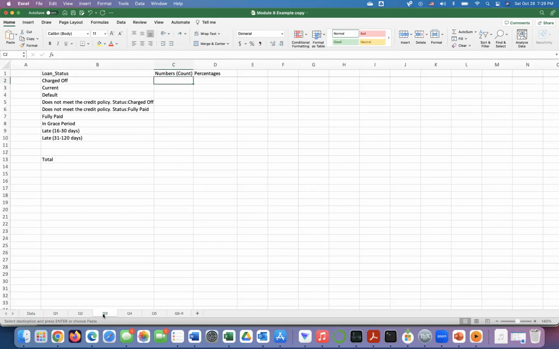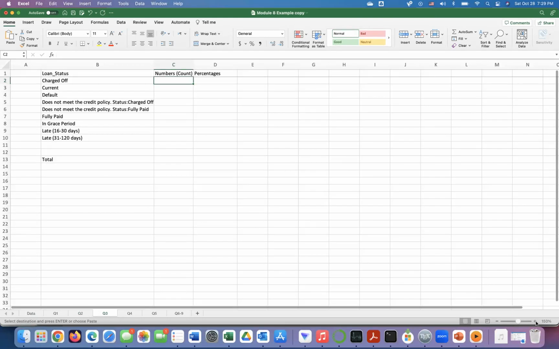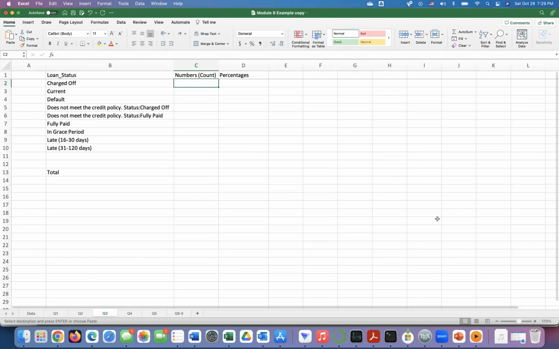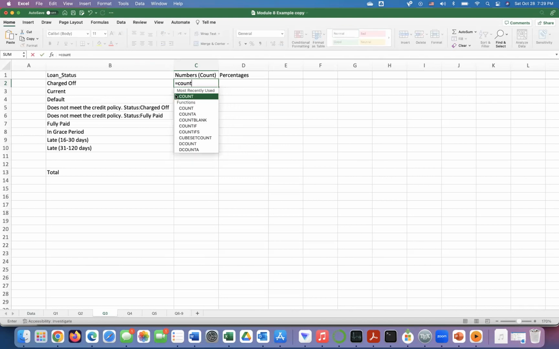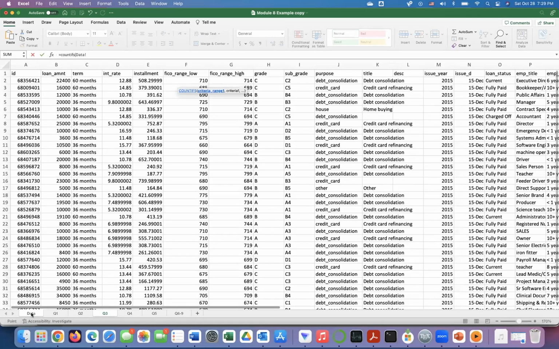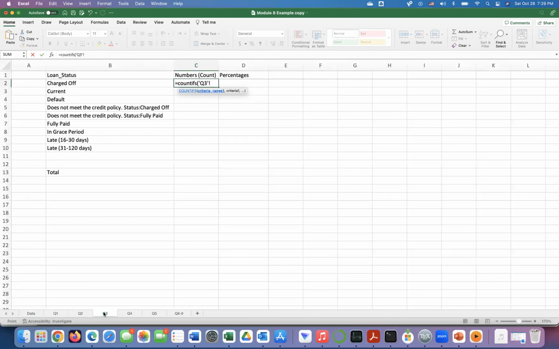Next question is about loan status: how many do we have there? So it's going to be COUNTIFS again. I open the parentheses and go to tab data. Here we want loan status.